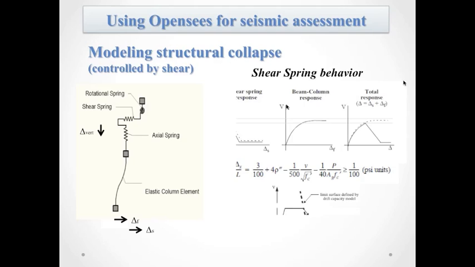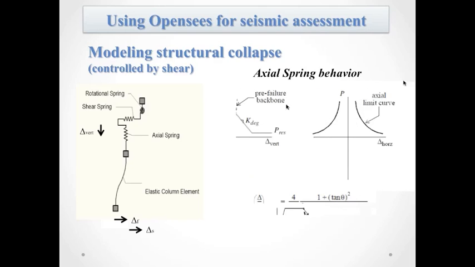But when the force goes outside this surface, then shear failure is initiated. The same happens with the axial spring. Practically, there's again one relationship that relates the axial force and the drift. And when the axial force is higher than the limit, then axial failure is initiated.